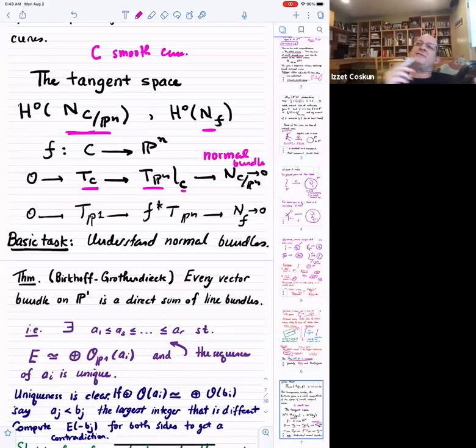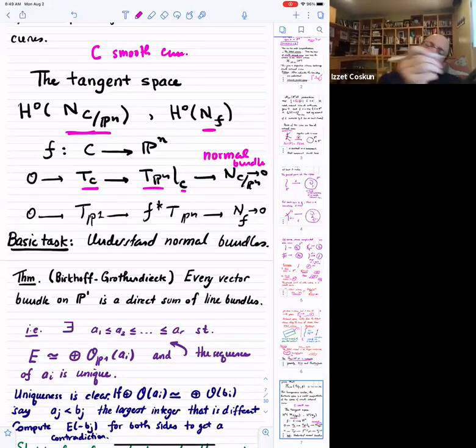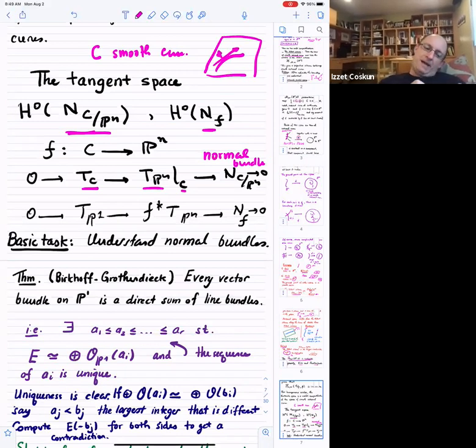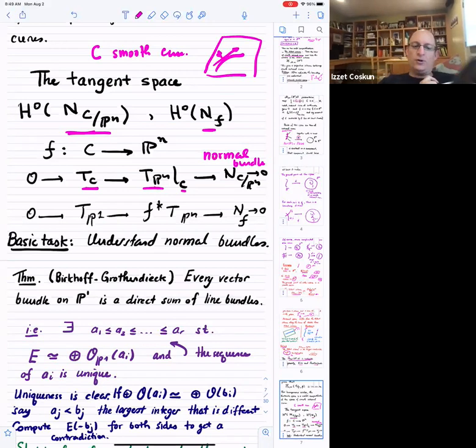If you have an ambient manifold and a submanifold inside it, there is the tangent space, and then at each point there are the normal directions. So this is the cokernel of the map that puts the tangent bundle of the submanifold inside the tangent bundle of the ambient manifold.